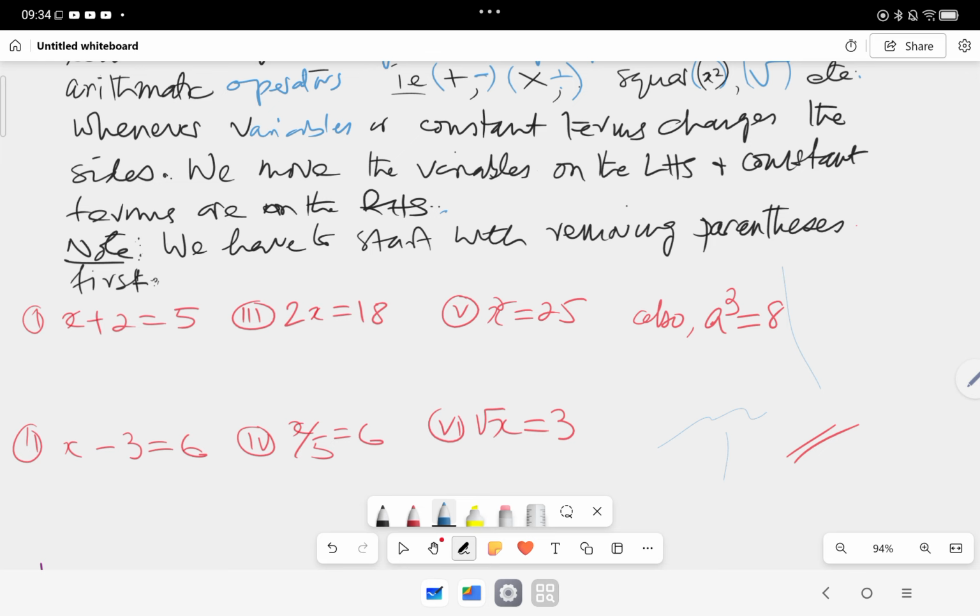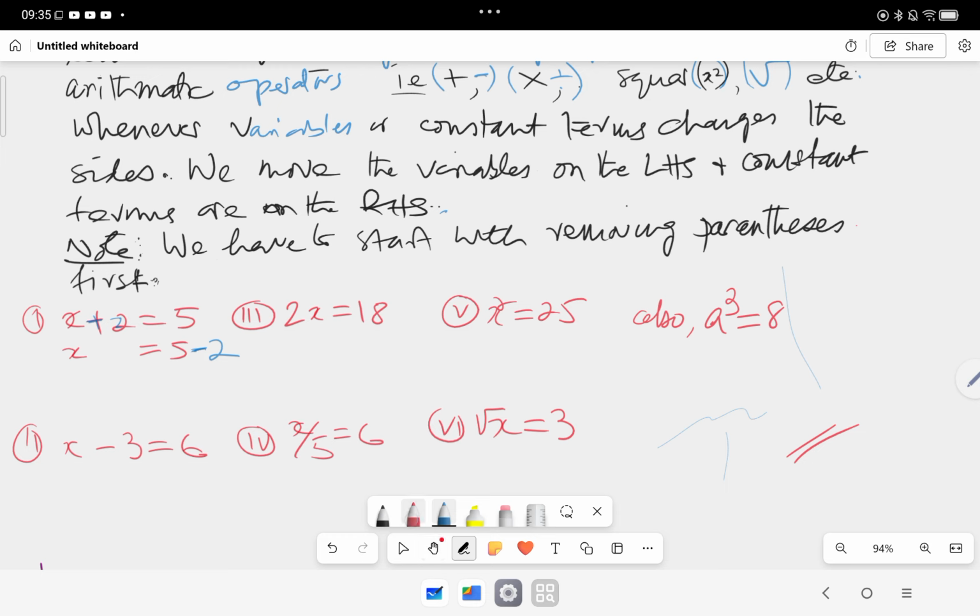Note, we have to start with removing parentheses first, but in this example we don't have parentheses. I'm just using a few simple examples. If we start with x plus 2 equal to 5, we move the constant term plus 2 to the other side with a negative sign.